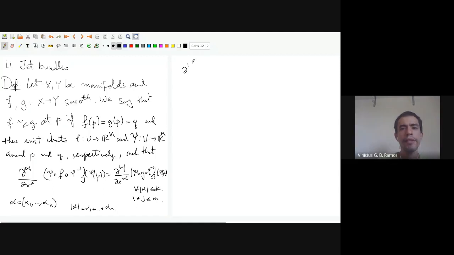And this notation, d alpha over dx alpha, just means the partial derivative, dx 1 to the alpha 1, dx n to the alpha n. So this is a partial derivative of order given by the size of alpha. I assume most of you have seen this notation before. If you haven't, this is what it is.